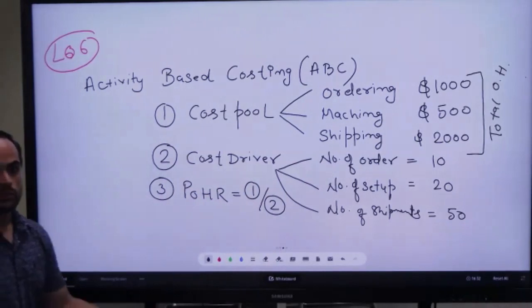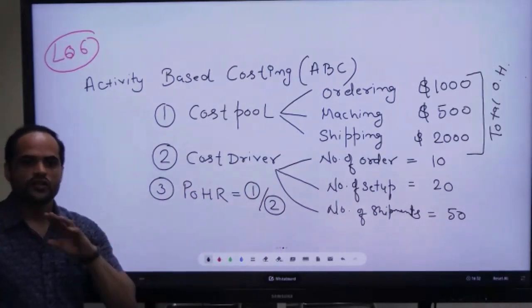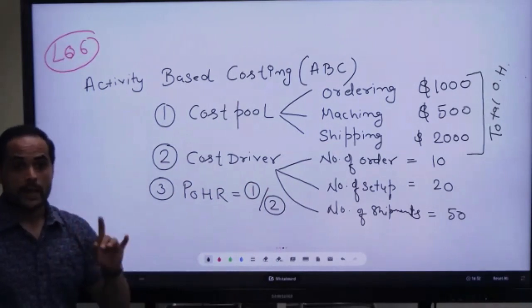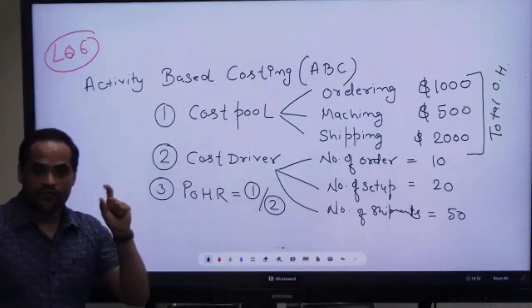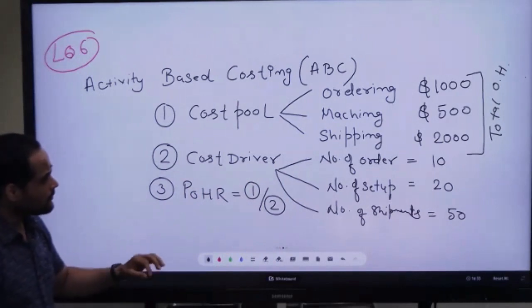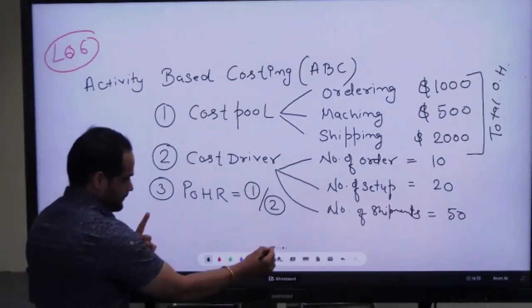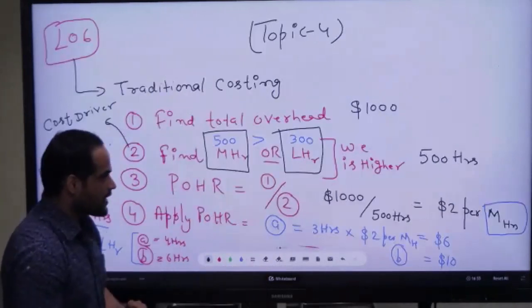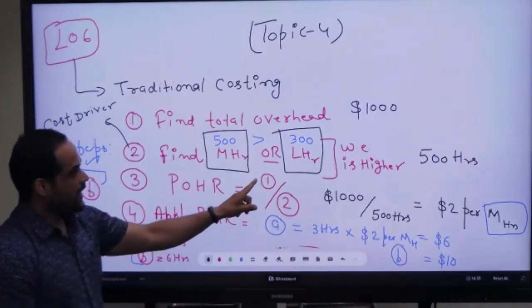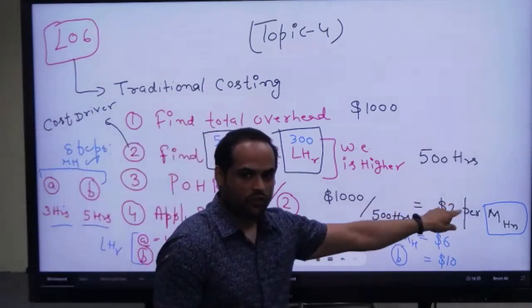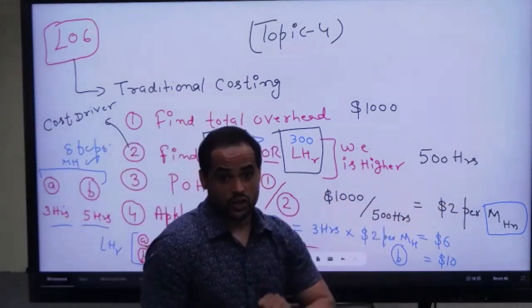Cost pool divided by cost driver. Same as traditional costing. But the difference is, in traditional costing, we have one number and only one piece of information, which is only about machine hours.